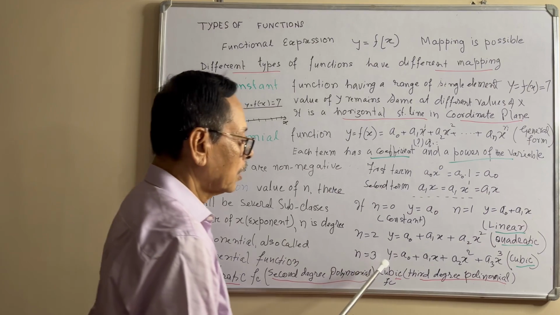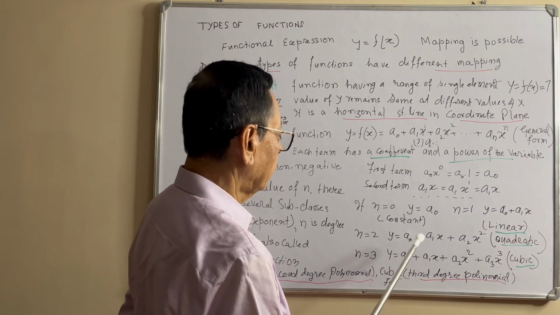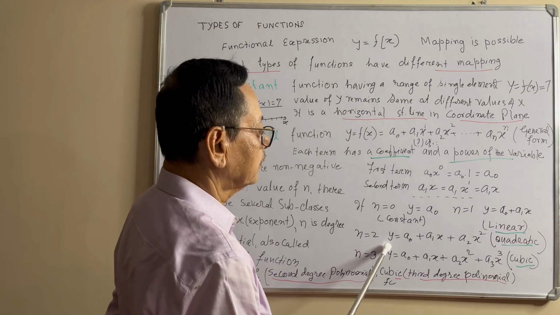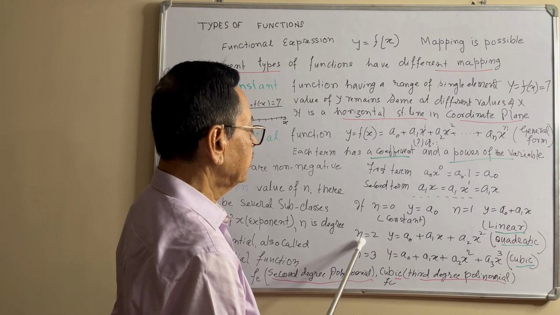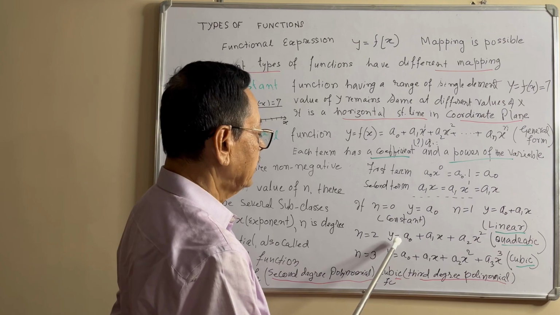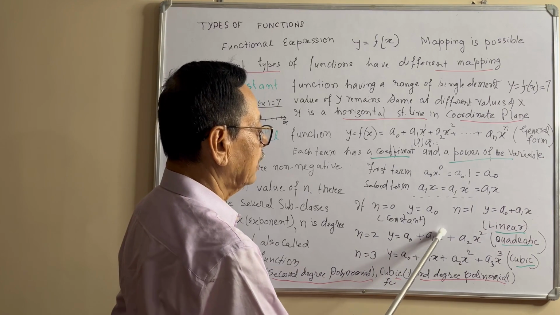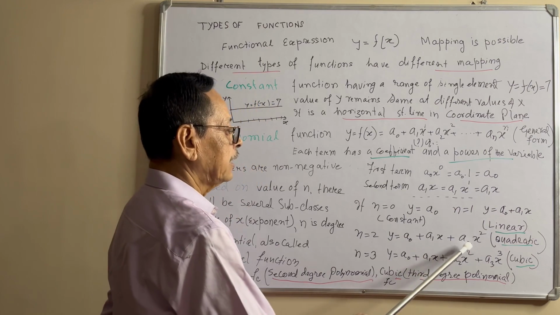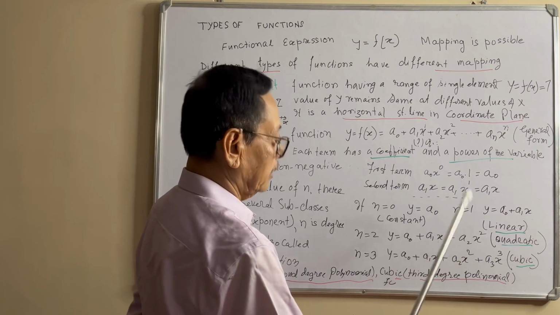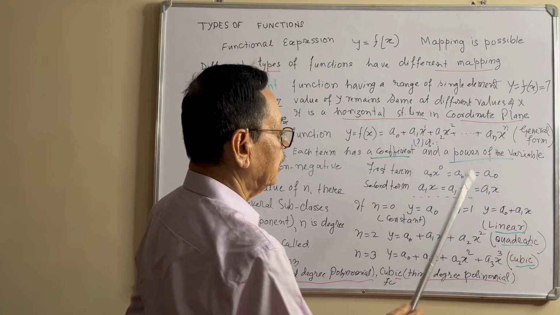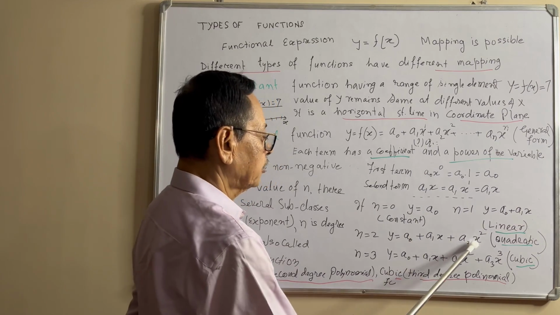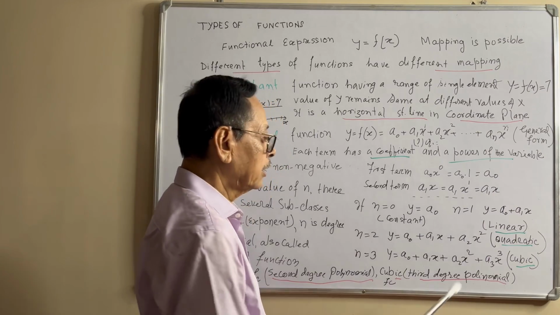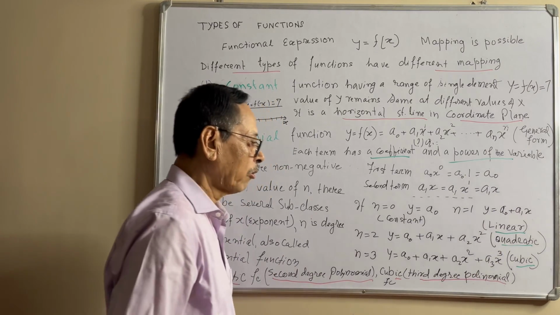So if n is equal to 2, y is equal to a naught plus a1 x, that means x to the power 1, plus a2 into x to the power 2, so it is a quadratic function. It is called a quadratic function.